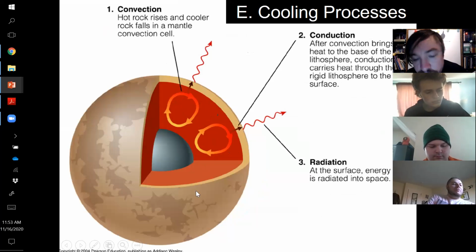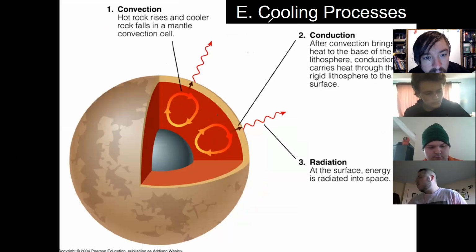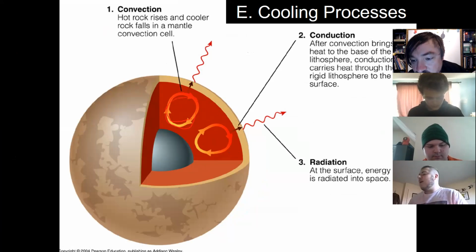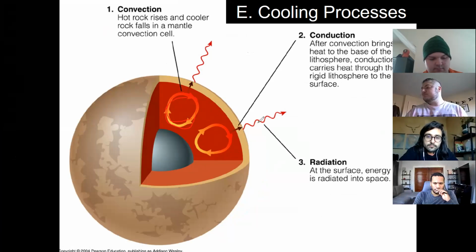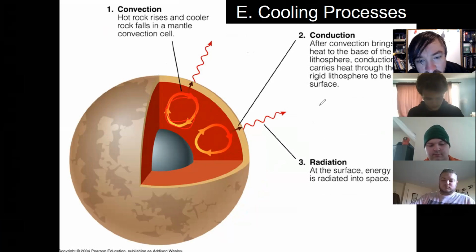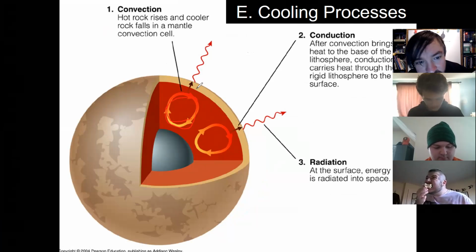Now, remember, there are three modes of energy transport in nature, okay? There is convection, where hot bubbles of rock rise and cold bubbles sink. Convection is how energy is transported through the Earth's mantle. Then there's conduction. Conduction is direct contact, atom to atom jiggling.